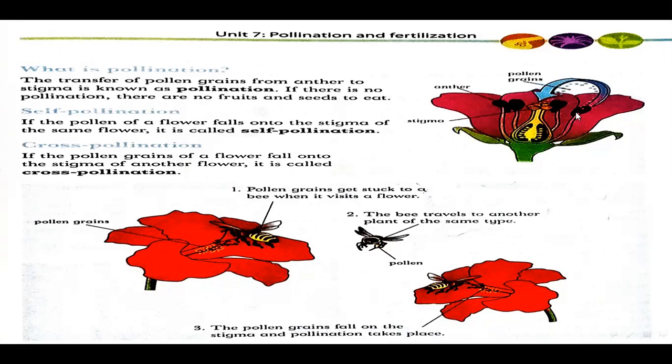See here, in this flower, self-pollination takes place. This anther falls onto the stigma of the same flower. And here the pollen grains get stuck to the bee when it visits a flower.